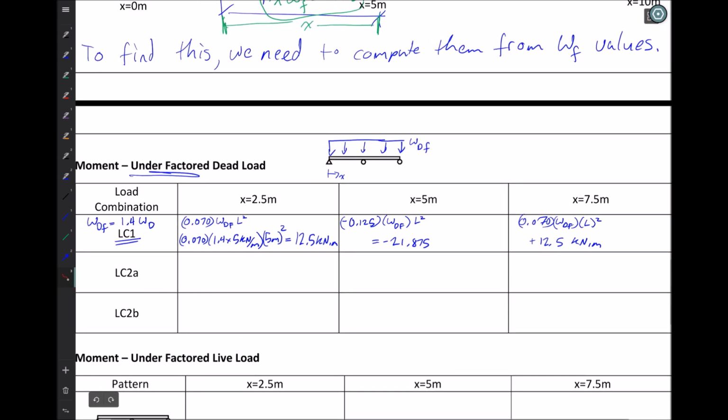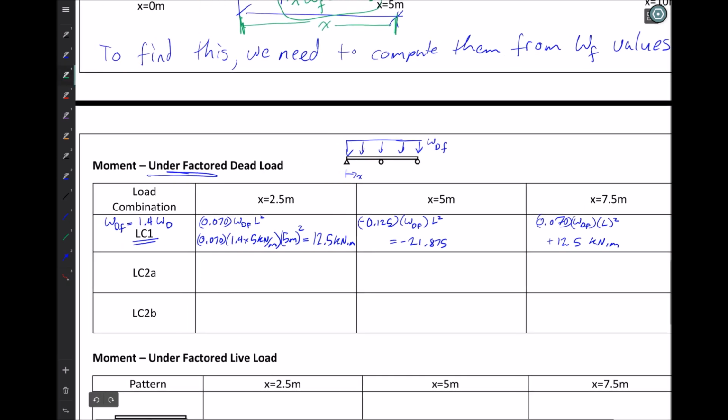Now if I look at load combination 2A, I have W dead factored is equal to 1.25 W dead, and like what we did before, load combination 2B, W dead factored is equal to 0.9 W dead. So I'm going to just go through and multiply the ratios through this.